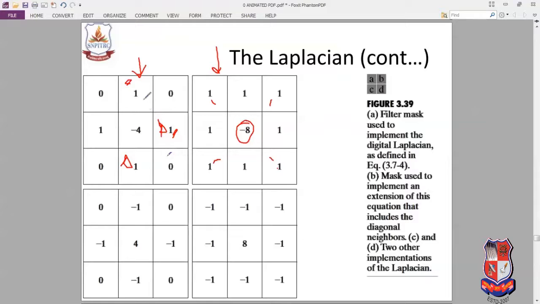But if I rotate it by 45 degrees, for example, this pixel comes here, this pixel comes here, this pixel comes here, then the response of this filter is going to change. So these filters are isotropic filters, but the isotropicity is for 90-degree rotations. While for these filters, you can either use 90-degree rotations or 45-degree rotations, whatever it is. So these filters are more isotropic as compared to these particular filters.